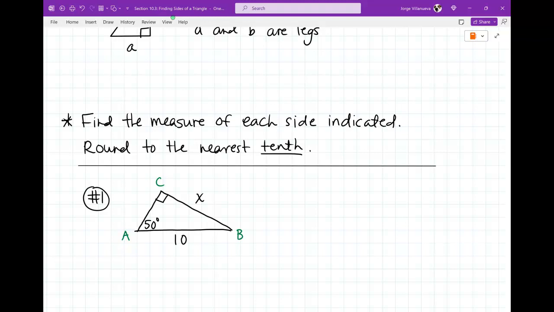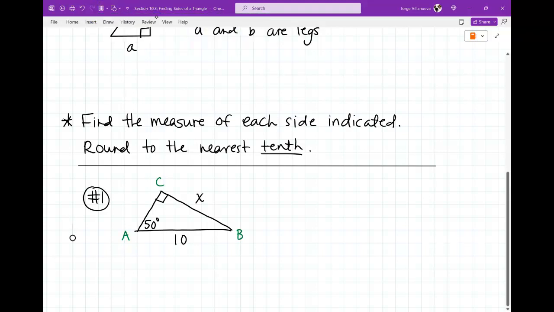Does anybody know what angle B would be? 40, right? Because you're supposed to add up to 180, right? So 90 plus 50, that's 140. So 40 more would be 180. So all the angles inside of a triangle add up to 180 degrees. All the supplementals add up to 180 on the outside. That's a whole different thing. So, but it doesn't matter what B is, okay? We're just going to use what's given, all right? So here's how you're going to do it.